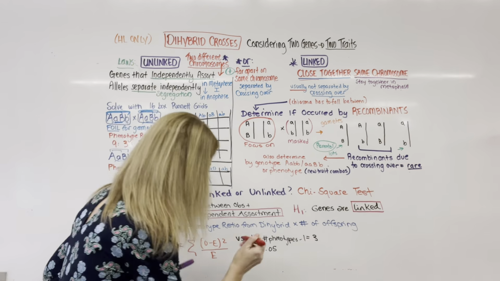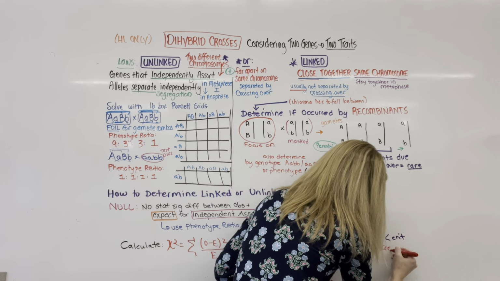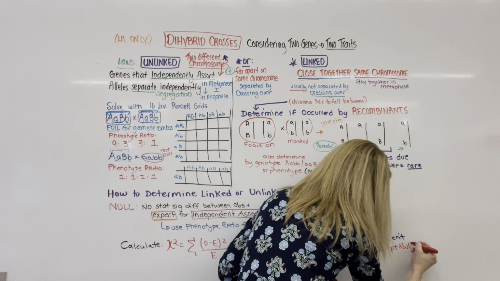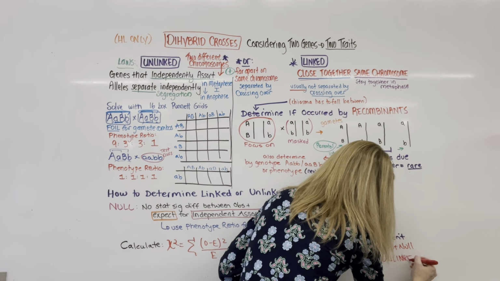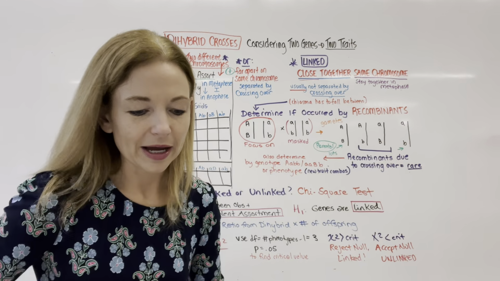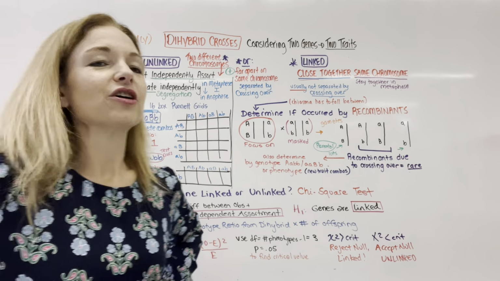If chi-square is less than the critical value, then we are going to accept the null and we are going to say therefore they are unlinked, or we can say they independently assort. So you could say it either way, linked or unlinked.